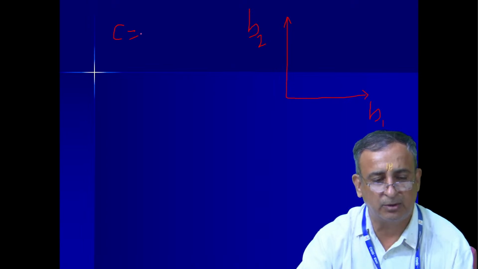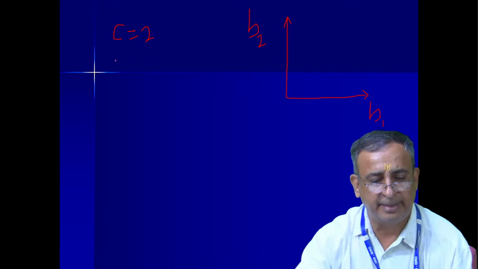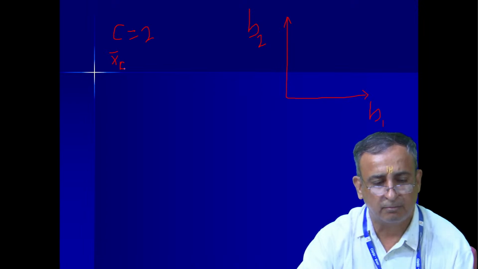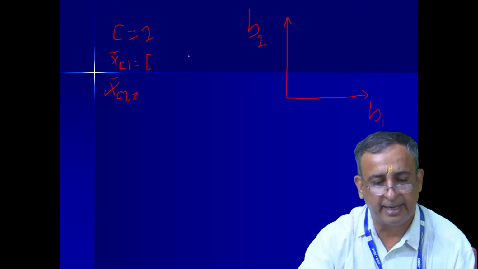Suppose C is equal to 2. That means you have to assume the mean of cluster 1, or you can write C1, and you have to assume the mean of C2. Here the mean will be 2-dimensional because your image is 2-dimensional.